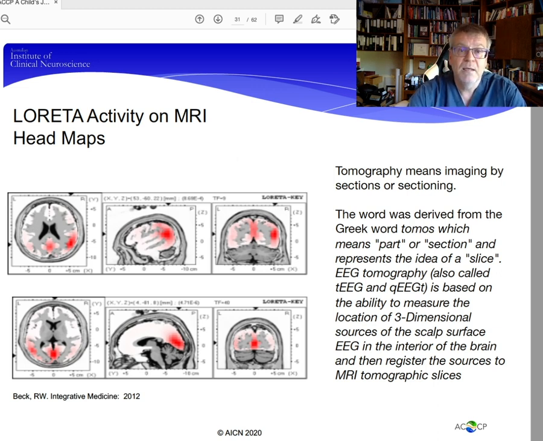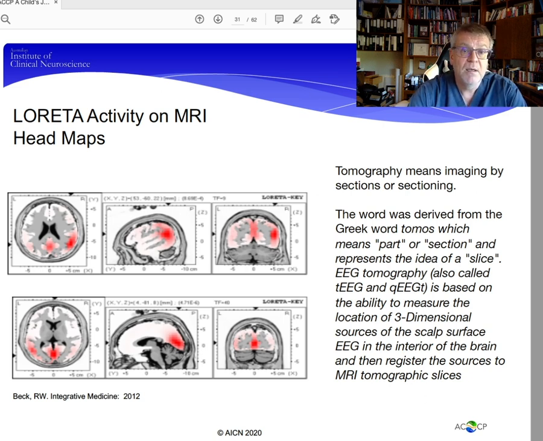These LORETAs are printed on a head map that looks a lot like an MRI, and that's because this is an MRI head map. These are the same head maps that were developed at the Montreal Institute that are used worldwide to normalize what MRIs look like. So that's why they look like an MRI, but they're measuring different things than an MRI.